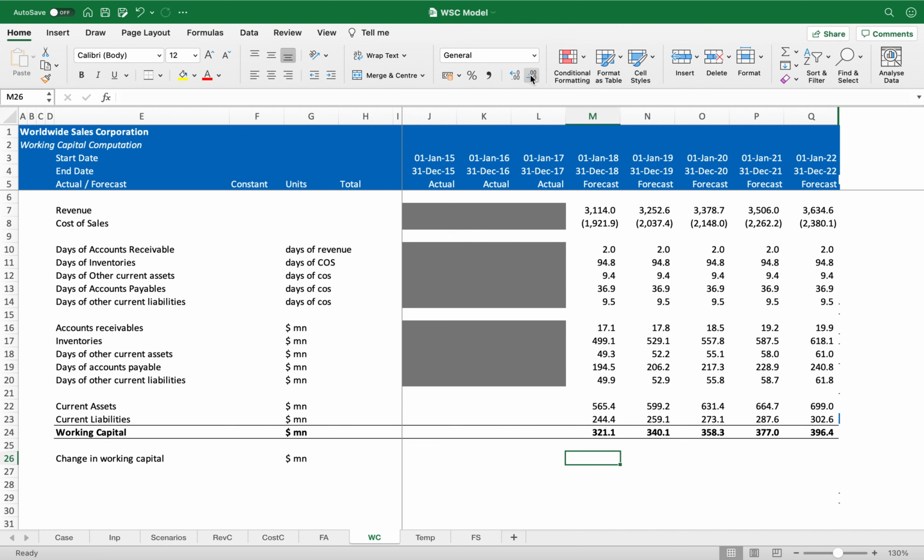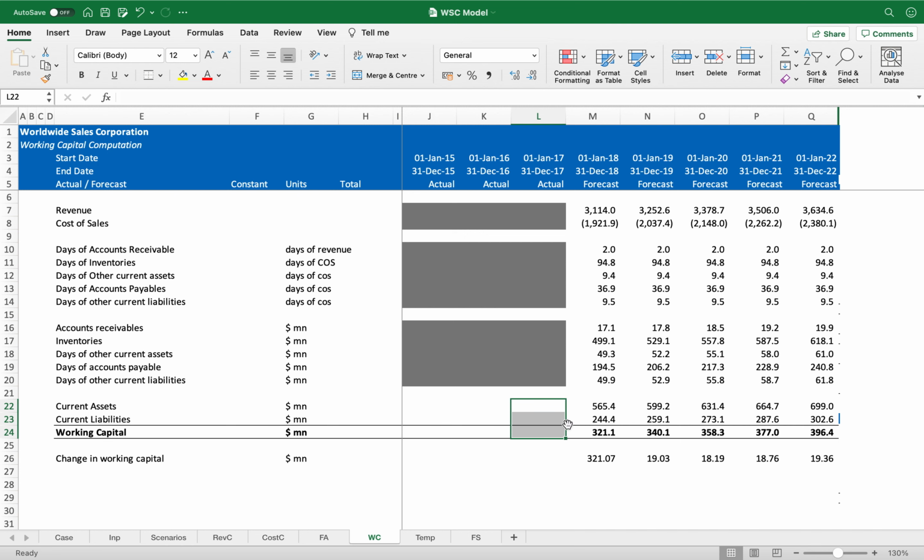How will I do change in working capital? It's very simple. Current year minus previous year. But for 2018 to give me a correct answer, I need the numbers for 2017 as well.